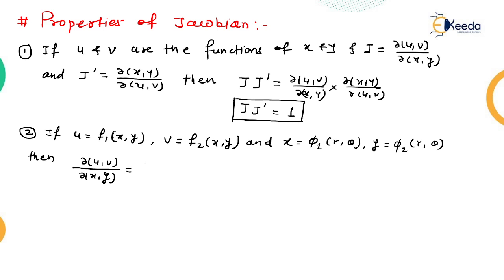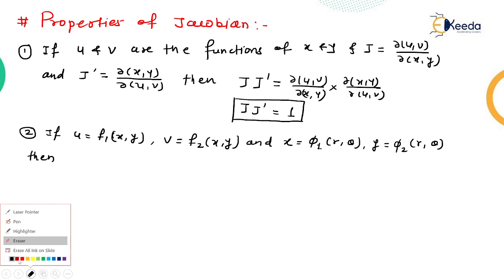Let's see what I am writing here, that is ∂(u,v) upon ∂. First, you see here, u and v are functions of x and y, right? And x and y are functions of r, theta. So by the definition of composite function, you know very well, just write down here, u is a function of.